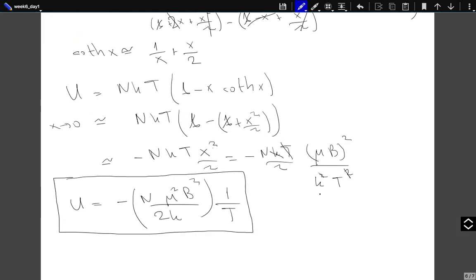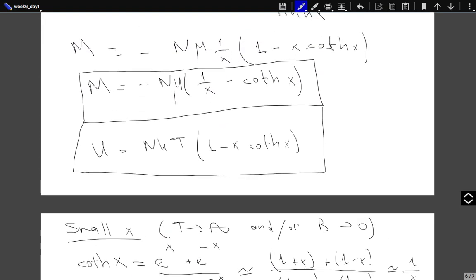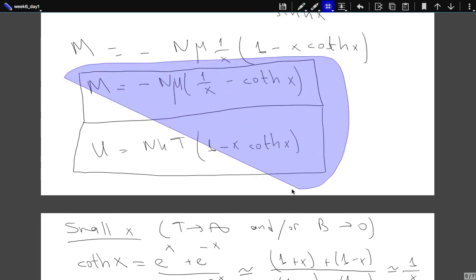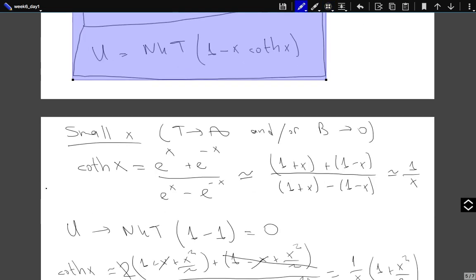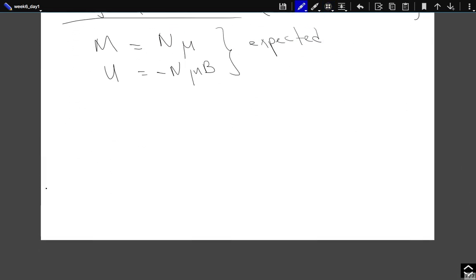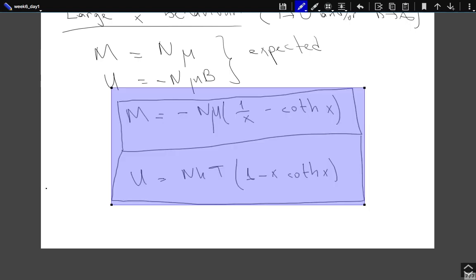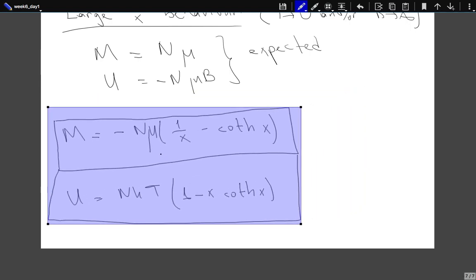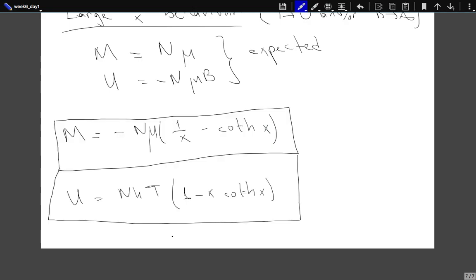Let's just pick up our expression of U and M. You see, at large x, 1 over x is negligible, and cotangent hyperbolic is just 1. So M just goes to n times mu, as we expected.